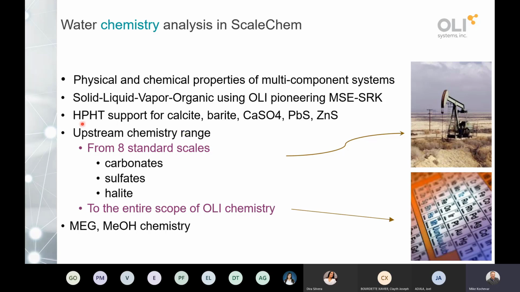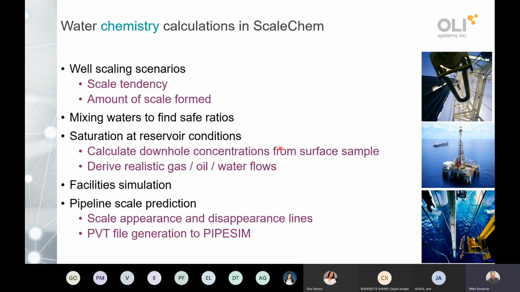So when we talk about the upstream high pressure, high temperature environments, we've well studied calcites, barytes, calcium sulfate, as you see, and then lead and zinc sulfide as well, excuse me. So large coverage for us.